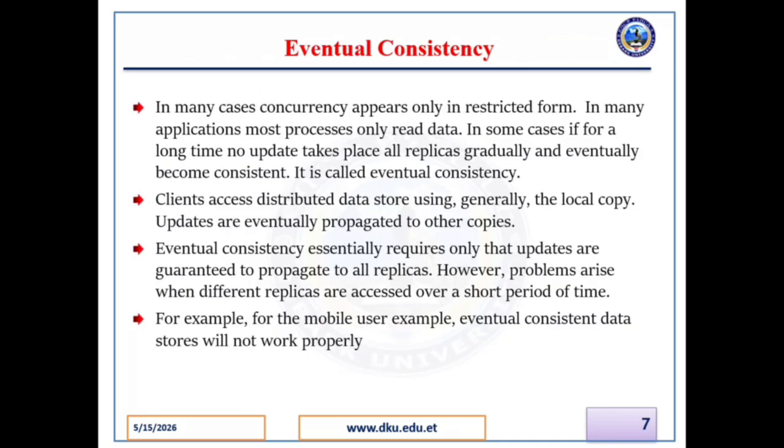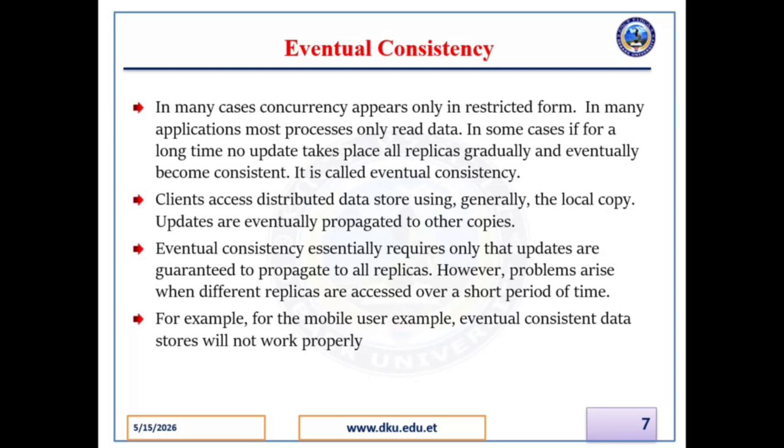The first client-centric consistency model, as I told you earlier, is eventual consistency. In many cases, concurrency appears only in restricted form. In many applications, most processes only read data. If for a long time no update takes place, all replicas gradually and eventually become consistent.